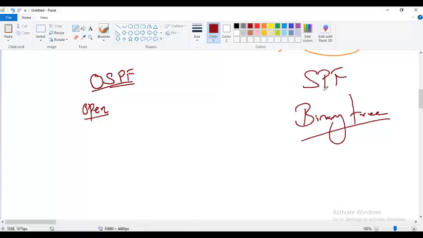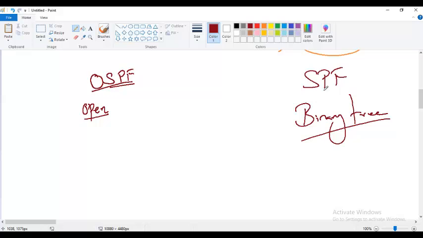So SPF is not a routing protocol. OSPF is the routing protocol. SPF is an algorithm used. All right.